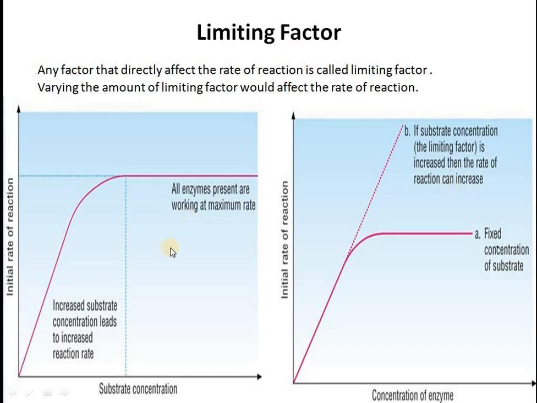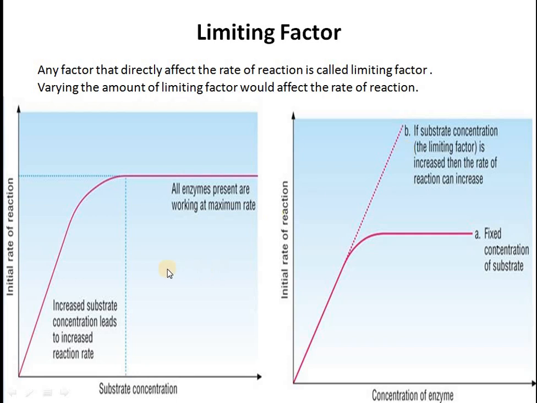So the limiting factor in the first graph was enzyme, because it was limited in amount, and adding it would increase the rate of reaction, or its absence has made the reaction constant. On the other hand, in this graph, the substrate is the limiting factor, because the limited amount of substrate has made the reaction go constant, or you can say that only by adding substrate to the reaction can we increase the rate of reaction.